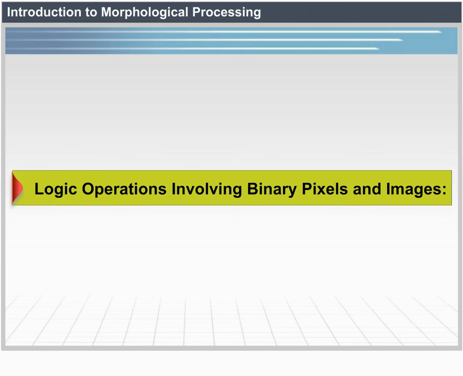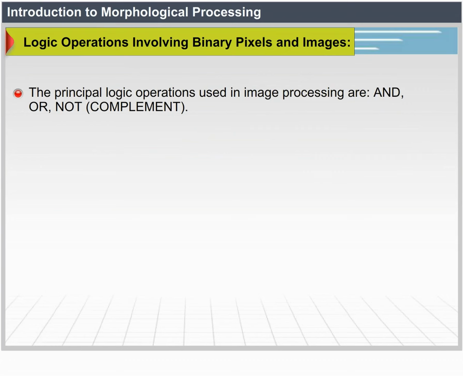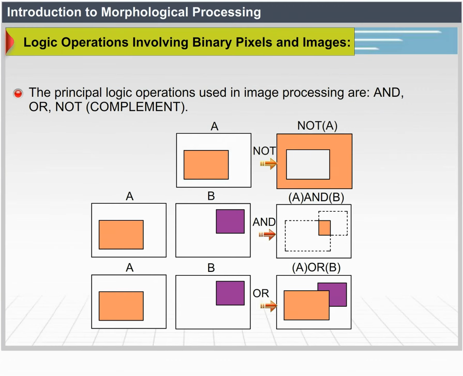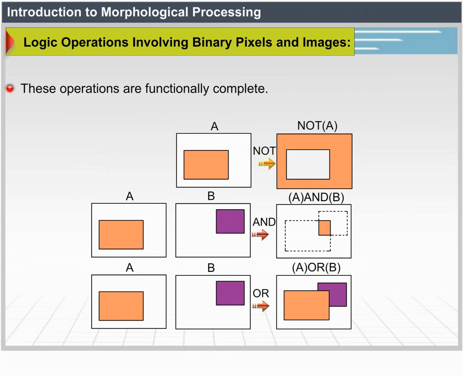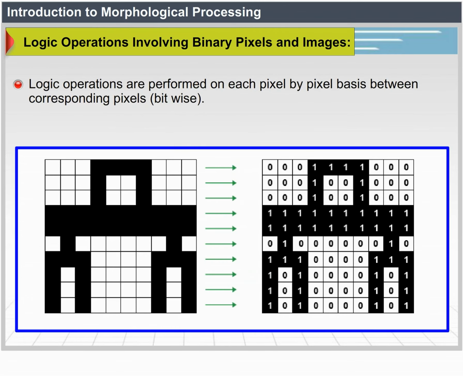Logic operations involving binary pixels and images. The principal logic operations used in image processing are AND, OR, NOT, complement. These operations are functionally complete. Logic operations are performed on a pixel-by-pixel basis between corresponding pixels, bitwise.